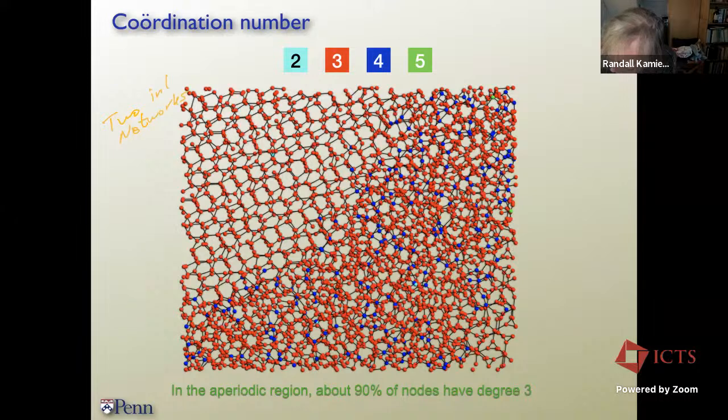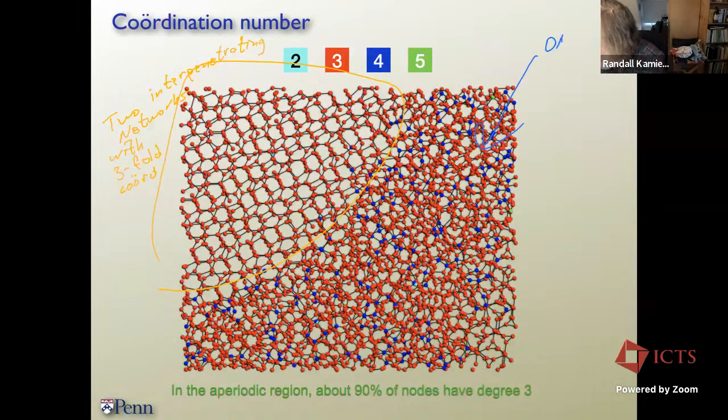Two interpenetrating networks with threefold coordination. That's in this region here. And here, to our surprise, there's really only one network. The two independent networks have combined themselves into one network. And I guess they've done it by using these fourfold junctions, but we don't really understand exactly how.